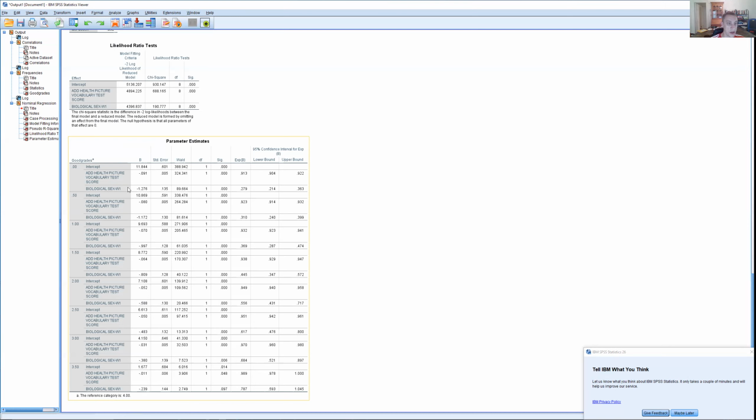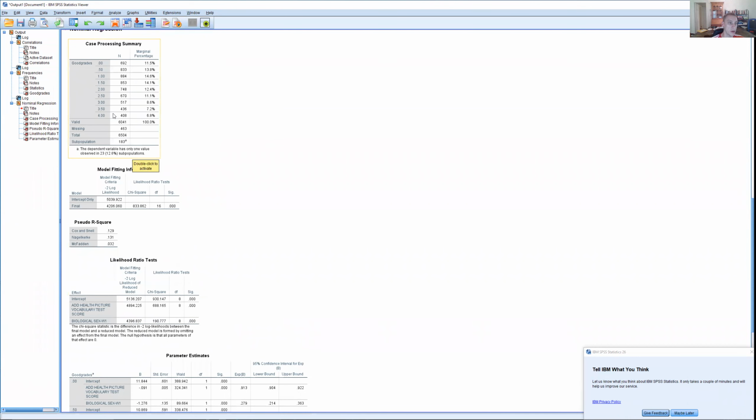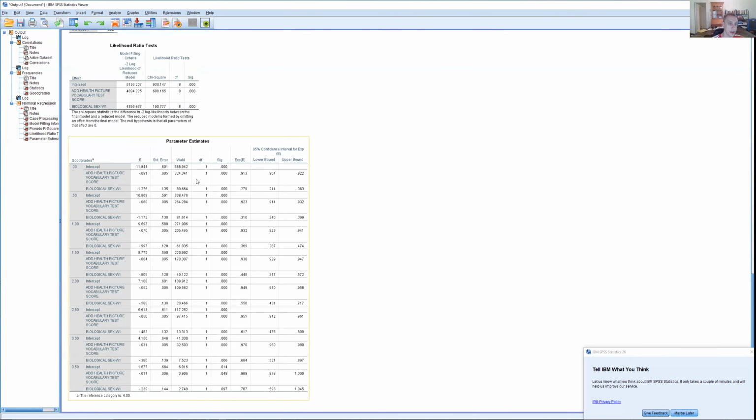Okay, and so gender also matters. Women are more likely to be in the higher good grade category. They're disproportionately female in the higher categories, but only up to a certain extent. We'll also see that the effect of the picture vocabulary test is effective only to a certain extent. Women here are less likely to be in the low grade group as compared to the reference category.